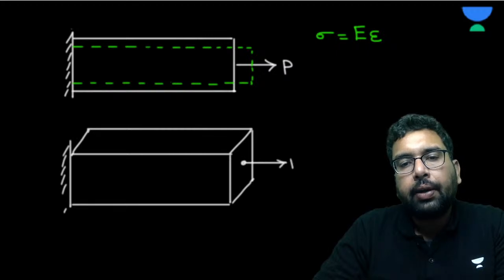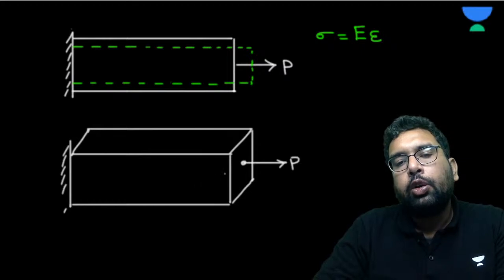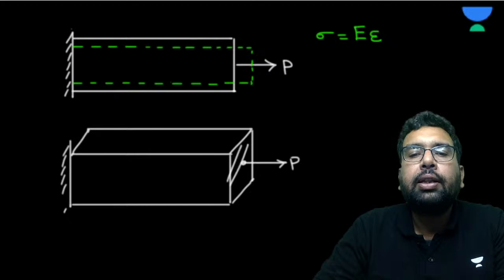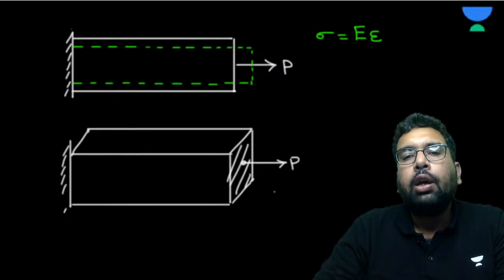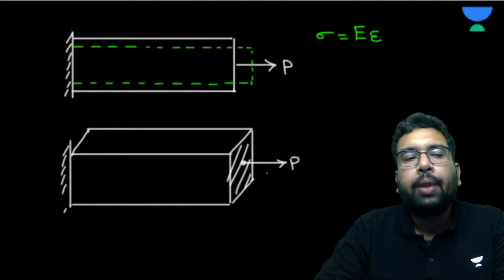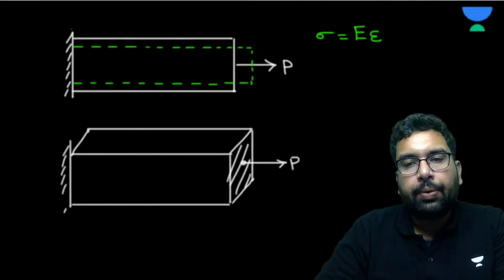When a body is subjected to a load like this, this is the cross section. Now you see this load is normal, that is perpendicular to this cross section, so we call it the normal load. And in normal load, we further call it the axial load.